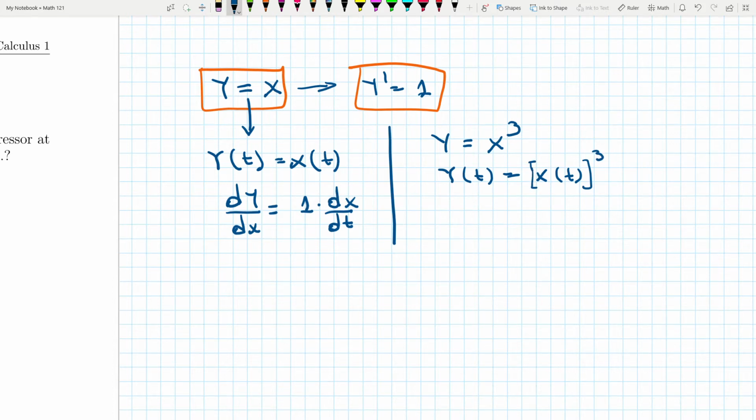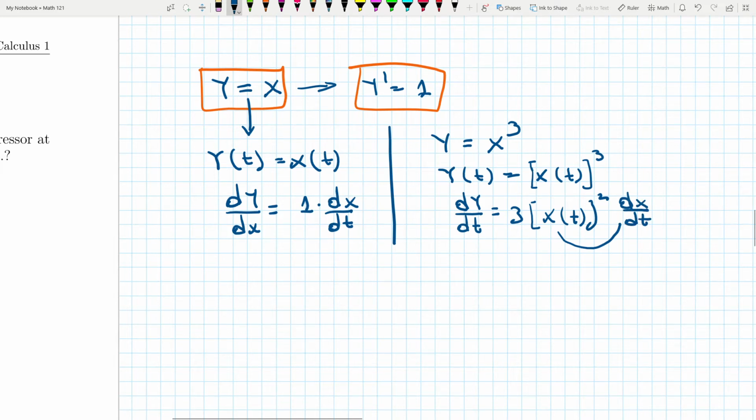So we take the derivative of y, but no longer with respect to x, but rather with respect to time. Then we get 3 times x of t squared times the derivative of x with respect to t, that is dx/dt.